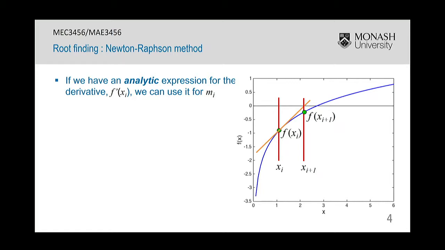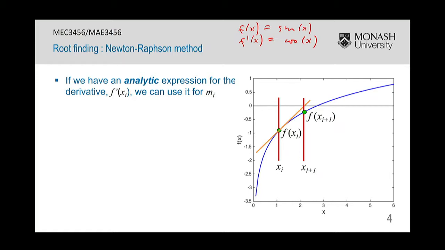The first is Newton-Raphson. It's the most common one, it works very well, and you can use Newton-Raphson if you have an analytic expression for the derivative f dashed. For example, if our function f of x is equal to sine x, then obviously f dashed of x is equal to cos x. And we have an analytic expression that we can use in the Newton-Raphson formula.